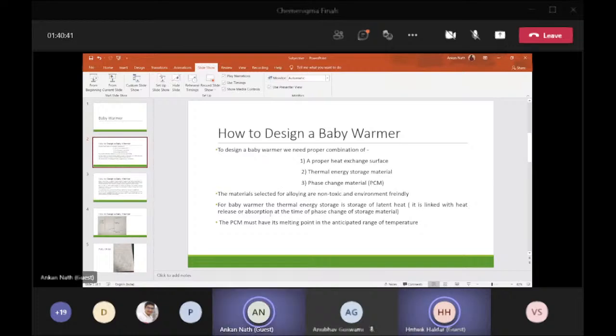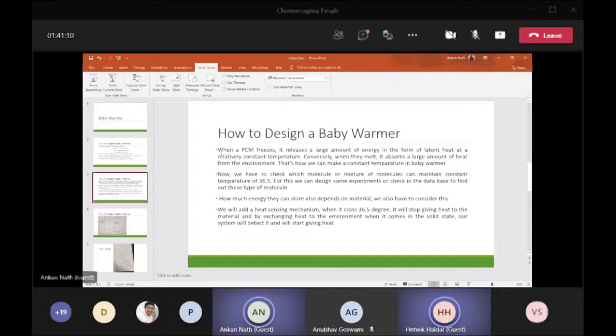The thermal storage is actually a heat storage. The latent heat is linked to the heat release or absorption at the time of phase change of the storage material. The PCM, the phase change material, must have its melting point in the anticipated range of temperature. Here it is 36.5 degrees centigrade. Ankur, next slide.